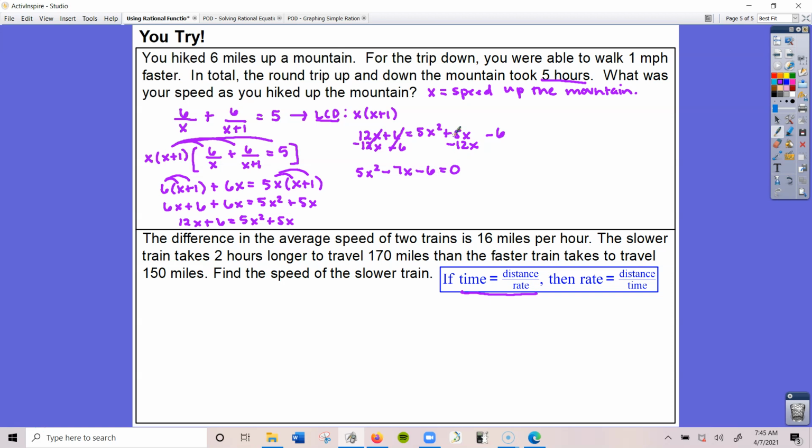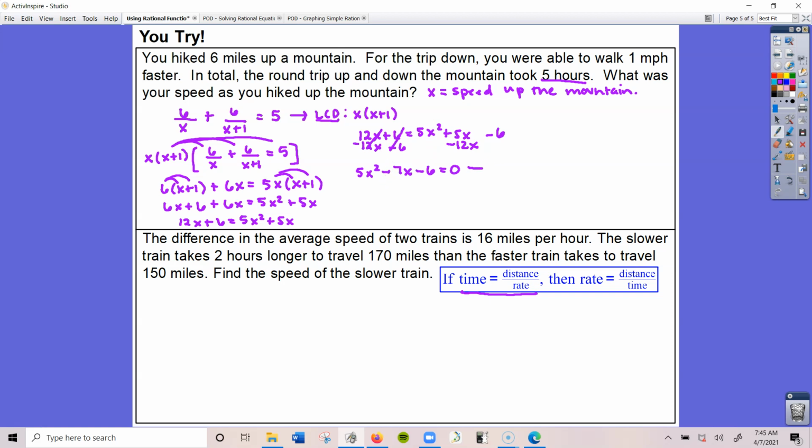Now here we have this quadratic, but we have a 5 in front of the x squared, which I cannot divide from every term. So you have two options here. You can either solve this quadratic using the quadratic formula, or we can factor using the AC method, which is what I'm going to do now.